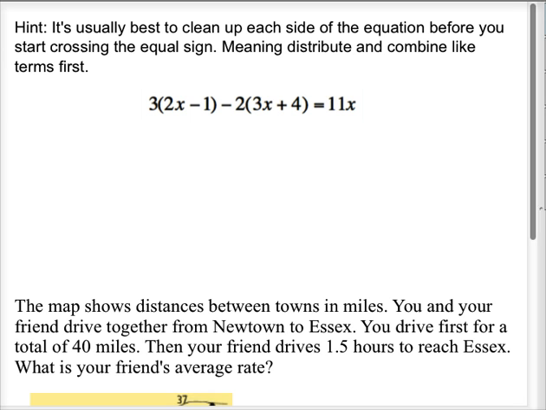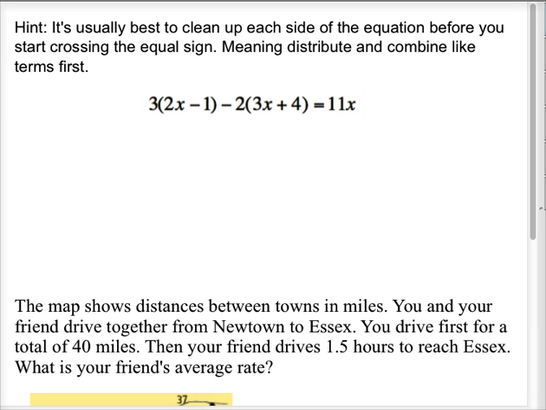Now, as you know, it can get pretty messy, pretty complicated. So a hint that I have for you is to consider that you can clean up an equation before you start even crossing over the equal sign. That's what I believe is easiest for you. Clean up each side before you start crossing that equal sign.